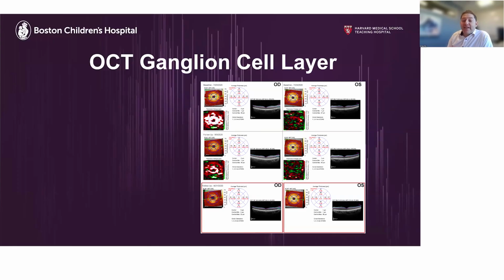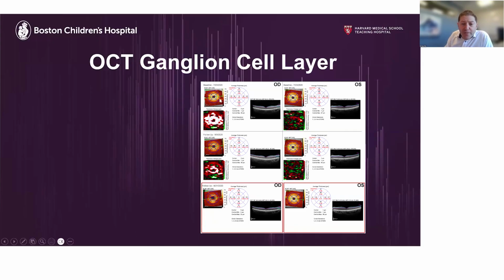There are also many studies, especially in multiple sclerosis patients, that have shown that ganglion cell layer or ganglion cell complex values are highly correlated to patients' disease severity scores, visual function scores, and low contrast visual acuity. So all the things that are most highly affected in multiple sclerosis.